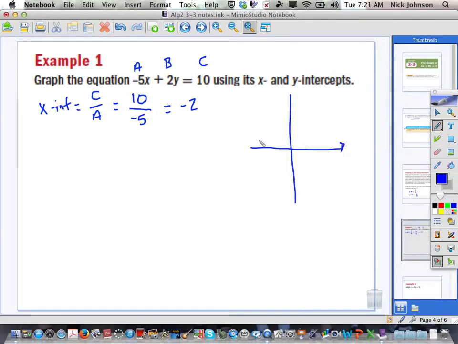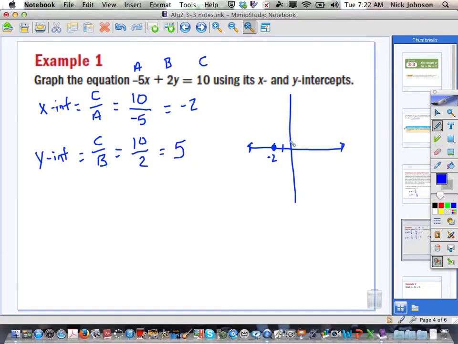Well, here's my x-axis right here. And so my x-intercept is at a negative 2. So I go over 2 units to the left, make a point. For my y-intercept, I just told you was c over b. C is 10, b is 2. My y-intercept is 5.